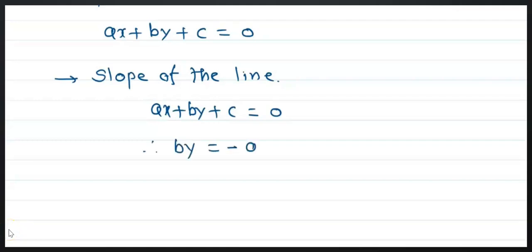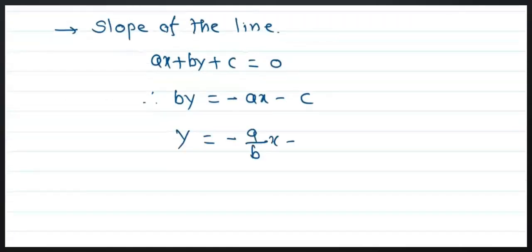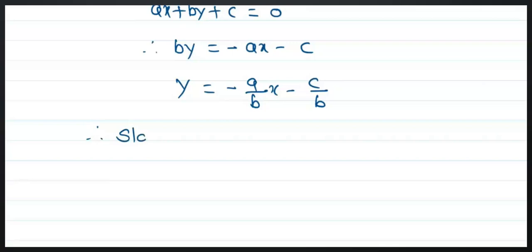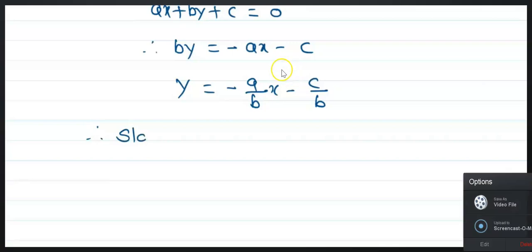Now ax plus by is equal to minus c. Therefore, by is equal to minus ax minus c. Therefore, dividing both sides by b, you will get y is equal to minus a upon b into x minus c upon b.